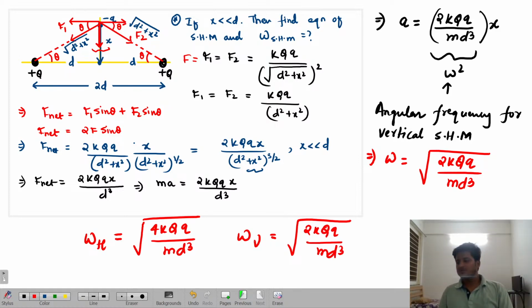So what we got to know is that if my charges are placed in such a fashion, then in the vertical case the angular frequency is less, while in the horizontal case the angular frequency is more. Are you able to get me or not? Is this clear? Are you able to totally get it? Any kind of doubt till now? No, confirm. Okay, so should I give one more question?